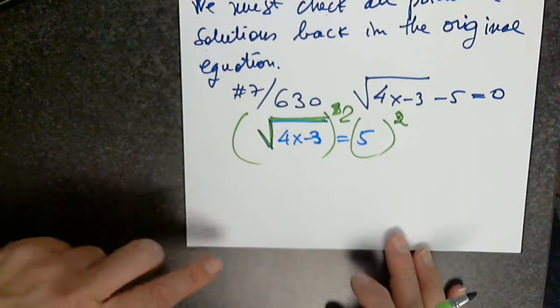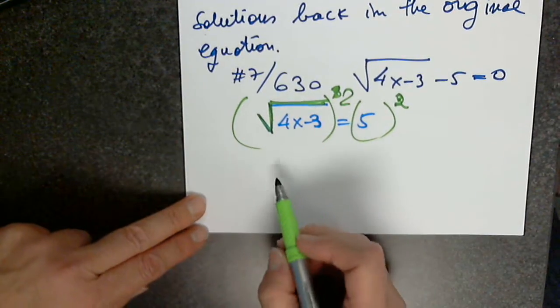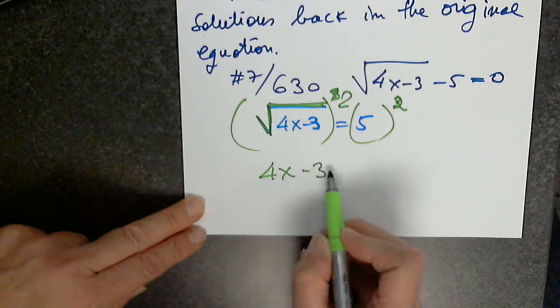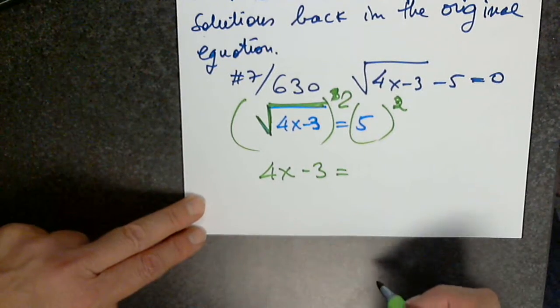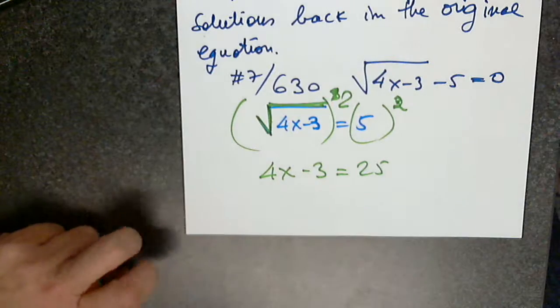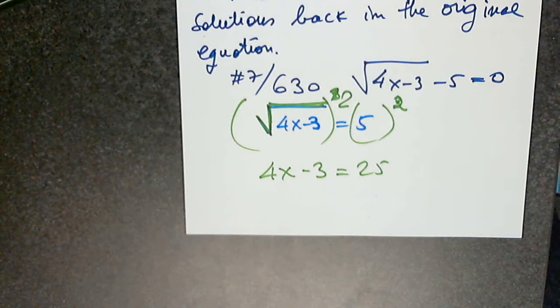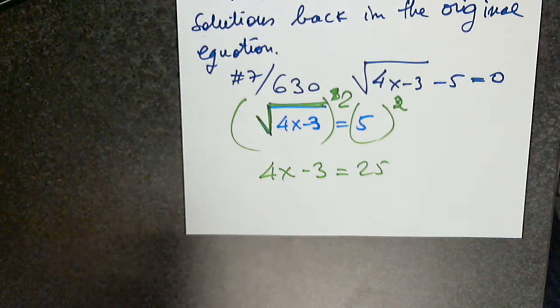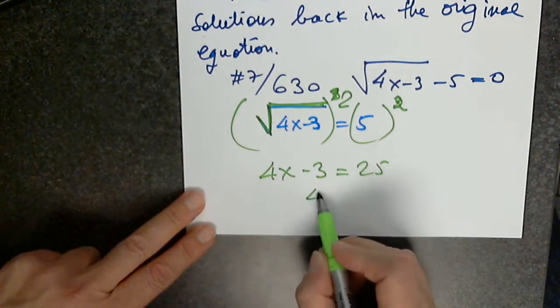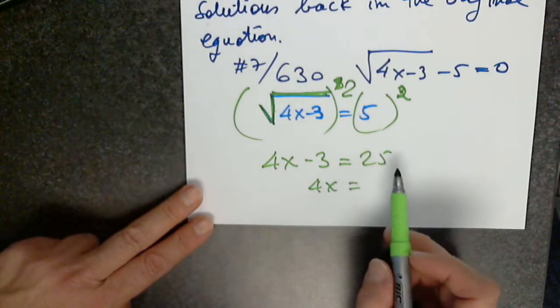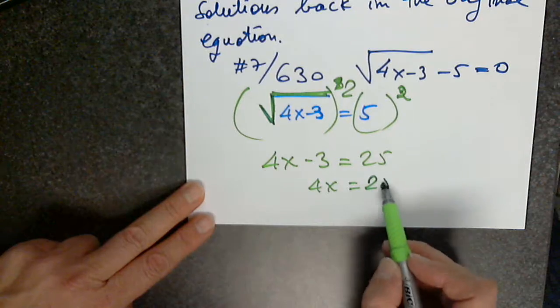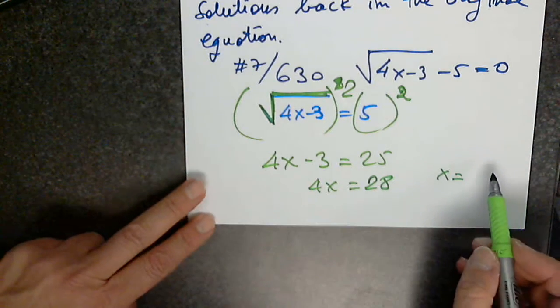So what do I have on the left? 4x minus 3. Very good. Already know that. What do I have on the right? Very good. Now this becomes a linear equation. How do I solve a linear equation? Yes. So 4x equals? Good. Finally, x equals?